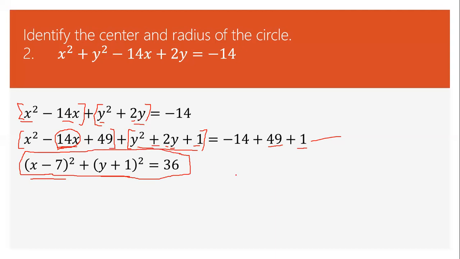So since we have the standard equation na, you can get the center and the radius of the circle. So the center is 7, negative 1, and the radius is, since r squared is 36, the radius is equal to square root of 36 or 6.